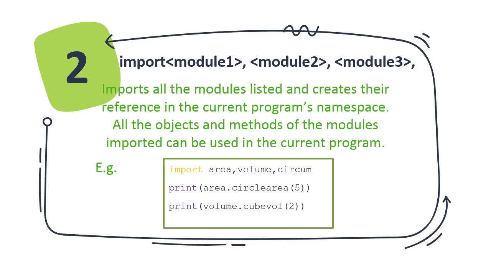In the second statement, print volume dot cube volume. It's a function for calculating the volume of a cube. In the module volume, there is a function cube volume. So we can use the second module with the dot notation method.